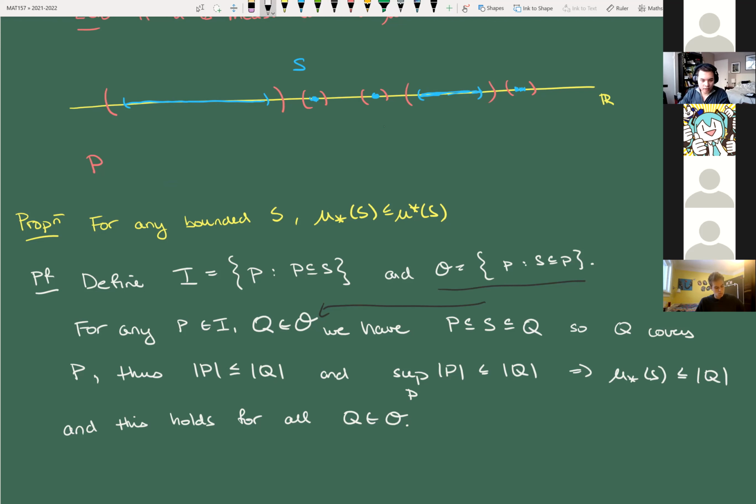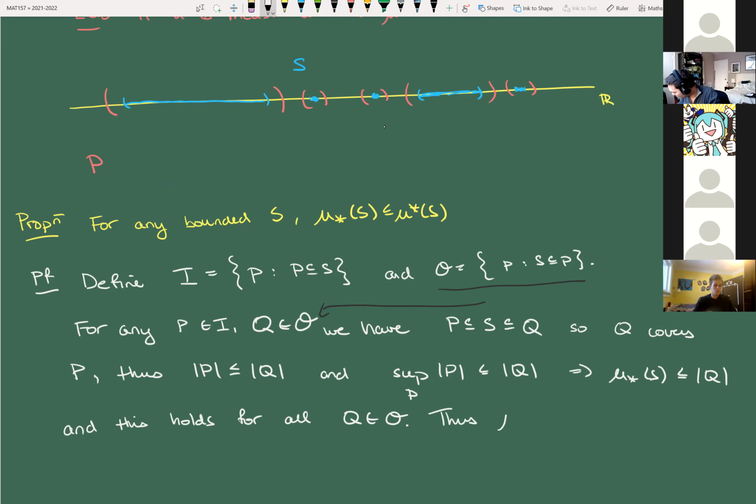Basically all I'm trying to argue here is that everything in O, when you take its length, is an upper bound for the interior polyintervals. And therefore, when you take the supremum, you get that there are upper bounds for everything. And then similarly, I'm going to now take the infimum over all the Qs, and that's going to give me the inequality that I want, right?